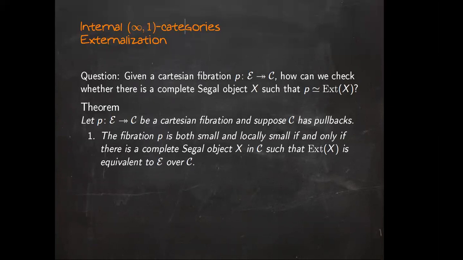Then they always have certain gymnastics to do, because smallness in this particular case is not a very well-behaved notion ordinary categorically, because it's not preserved under equivalence of categories. And in our case, it is.